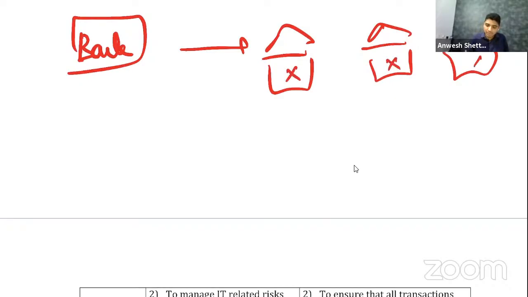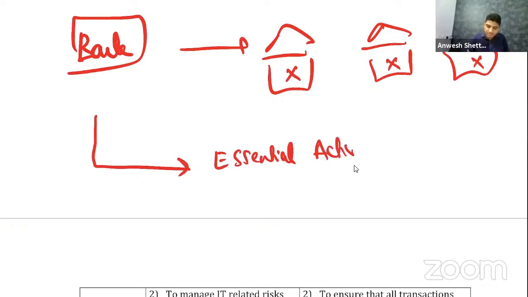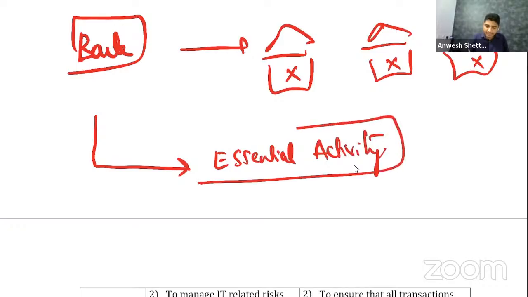But at the same time, the government said essential activity can be performed. Essential activity was, if you are manufacturing some food related items, even in the lockdown times, you could manufacture it and you could transport it. So purchase and sale of essential commodities were still allowed.